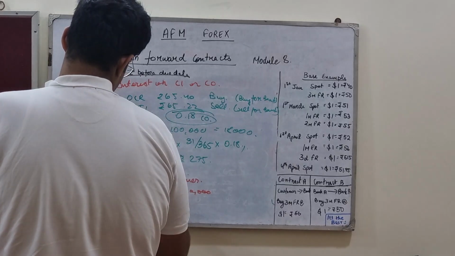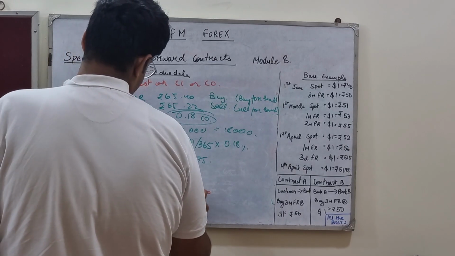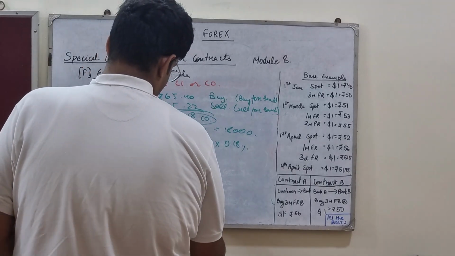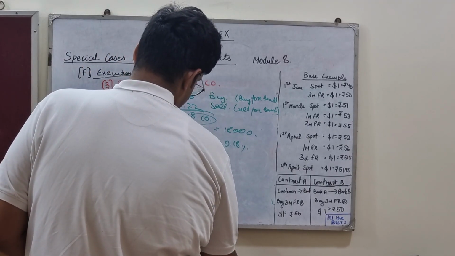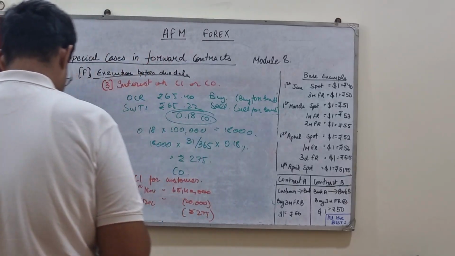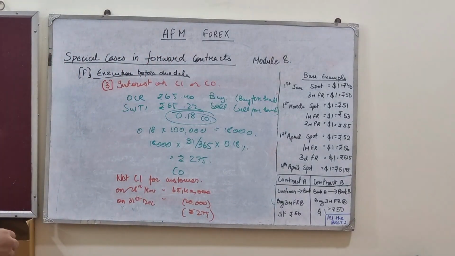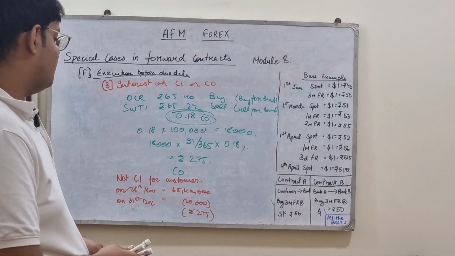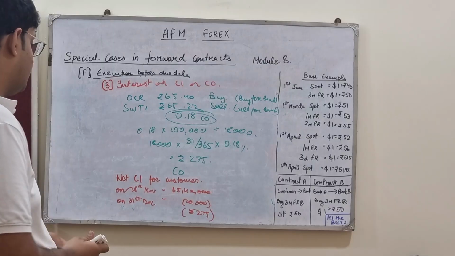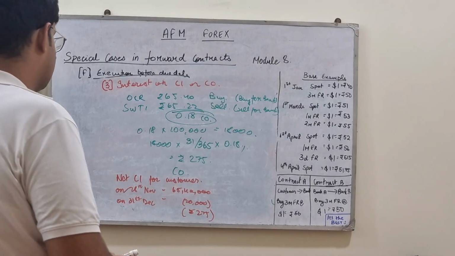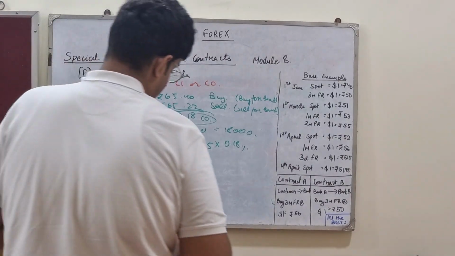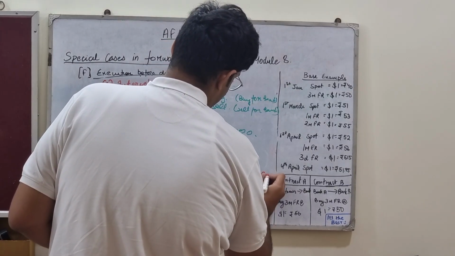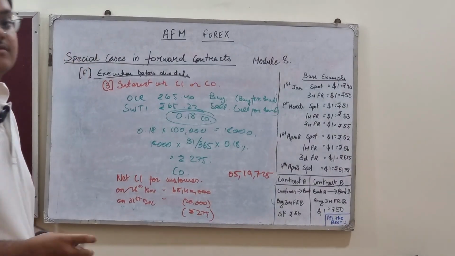On 31st December, he has to pay rupees 20,000, which is the swap loss, and rupees 275, which is the interest on the cash outflow. So this should come out to, I'm actually calculating here, 65 lakh 19,725 rupees. I'll just write it down here. 6519725. That's the final answer.